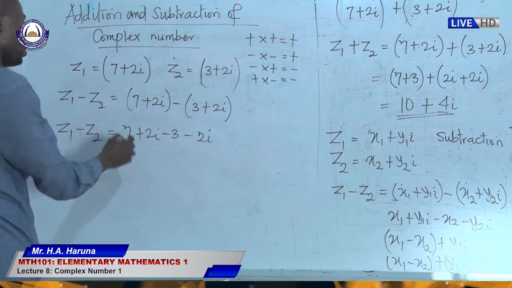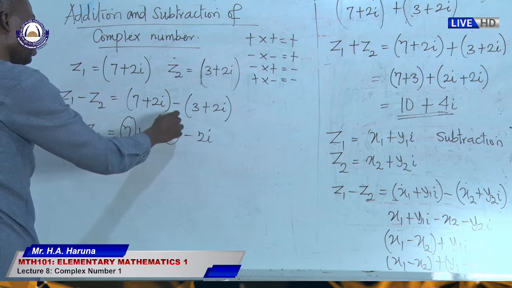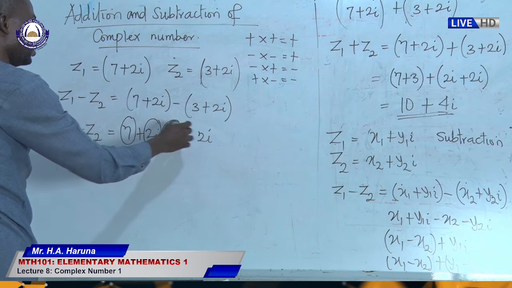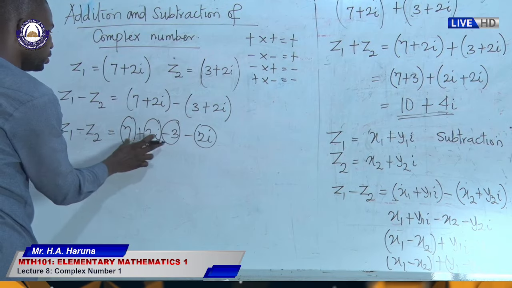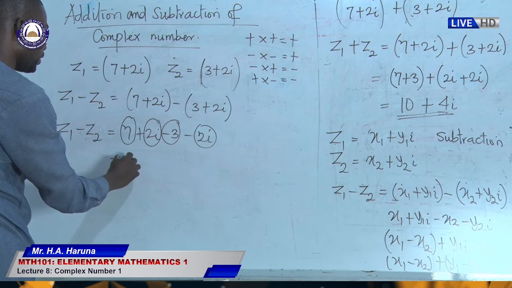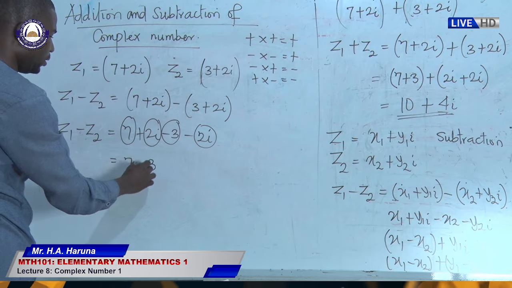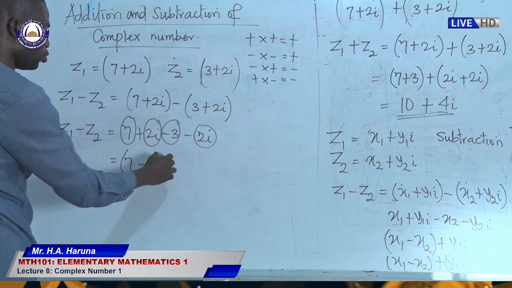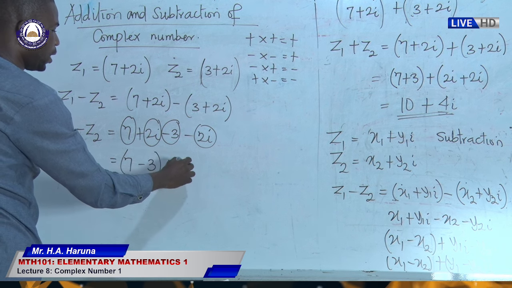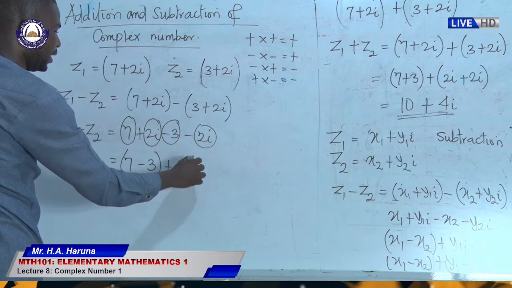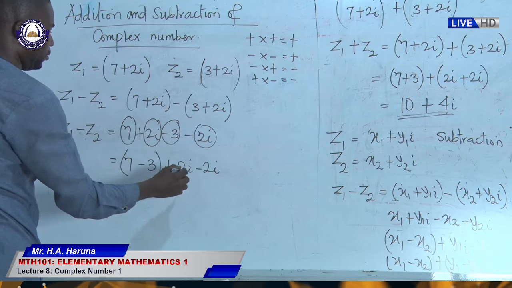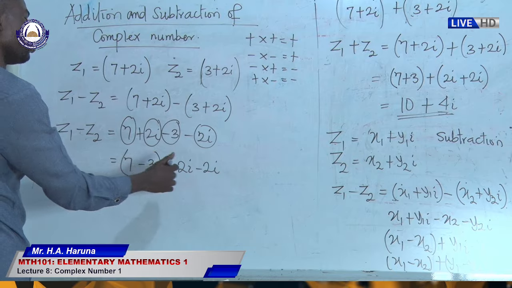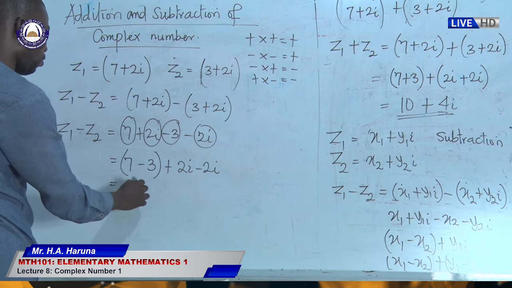So collect the like terms now. This is your real, this is your real, this is your imaginary, and this is your imaginary. Be careful, the real goes to the real, so you have 7 minus 3 in bracket, then plus 2i, then minus 2i. Now 7 minus 3 gives you 4.